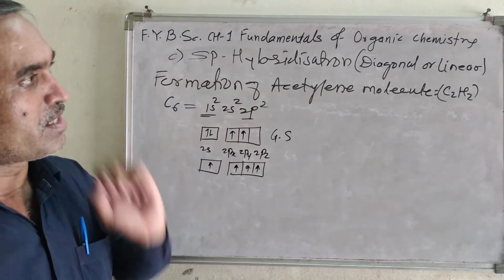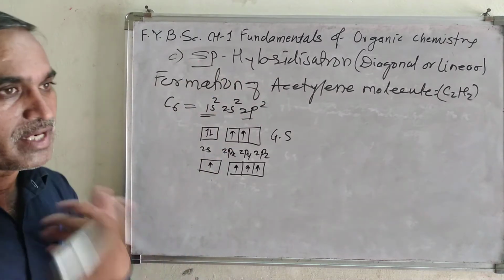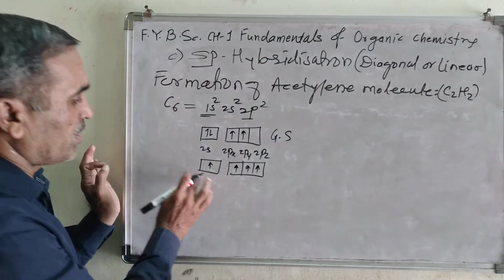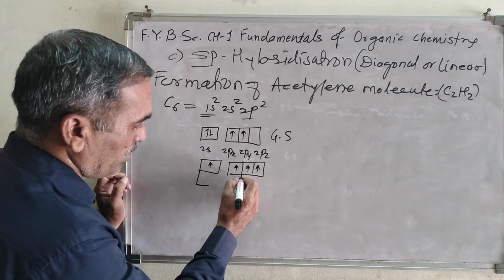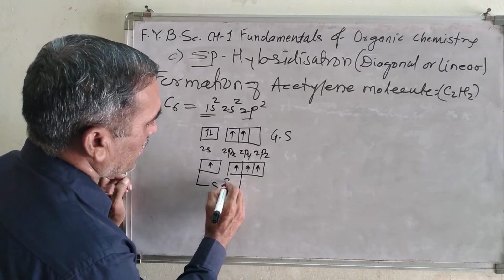Now when this acetylene molecule is formed, there is sp hybridization. sp means an equal number of atomic orbitals: one s orbital, which is different in energy, and one p orbital, they undergo a hybridization process.